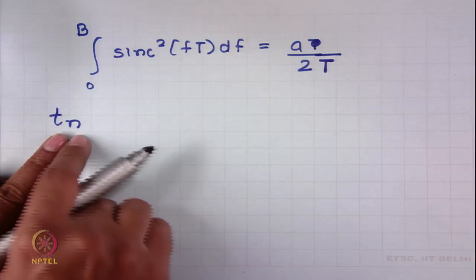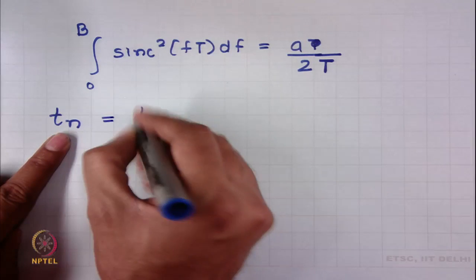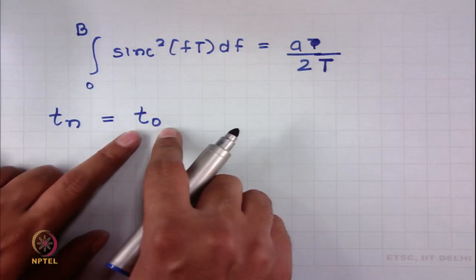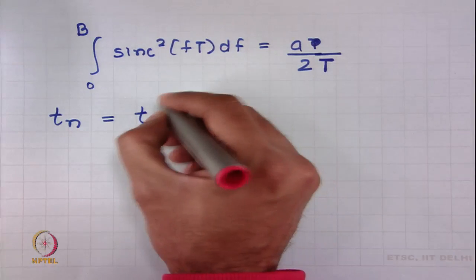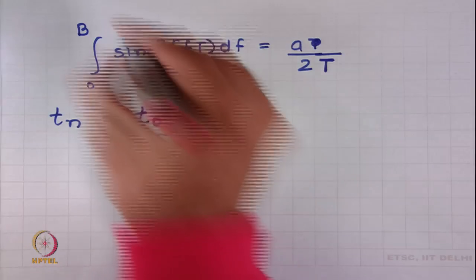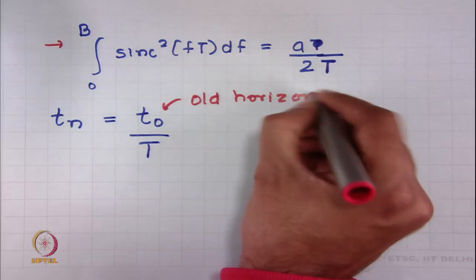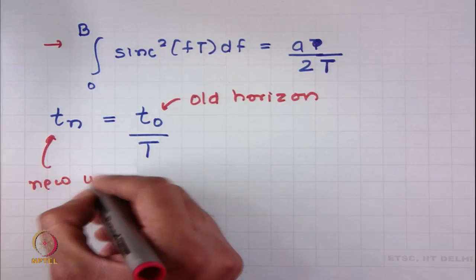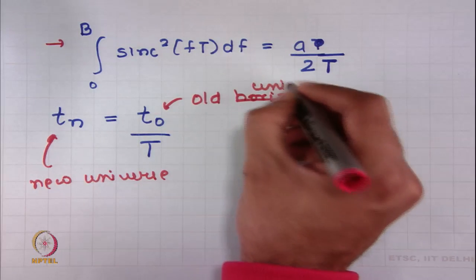So, I am saying that my new time scale in my new universe can be obtained by dividing the time by T. So, this t naught is the time scale in the old horizon in this viewpoint, and this is the time scale that I would choose in a new universe. Let us use the word universe, it is better.